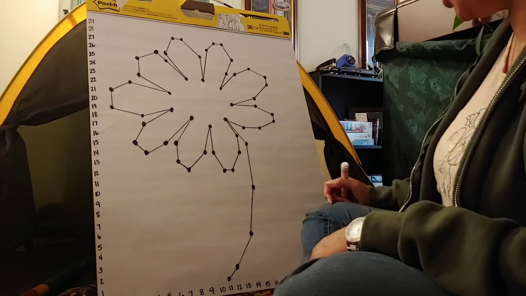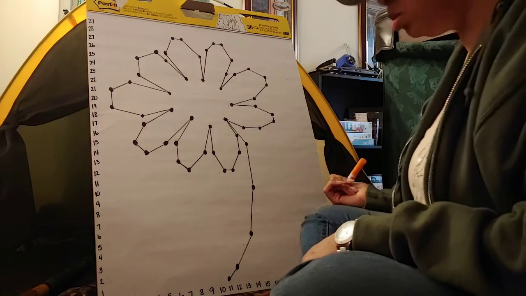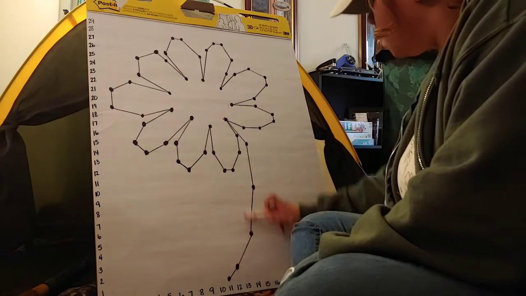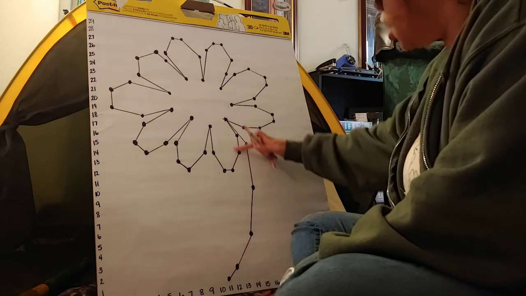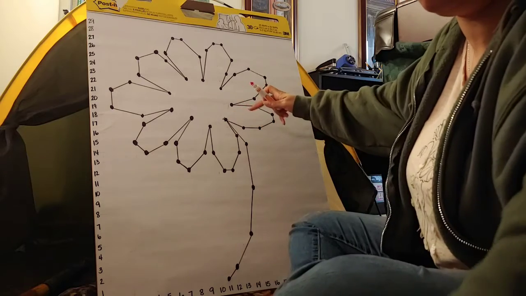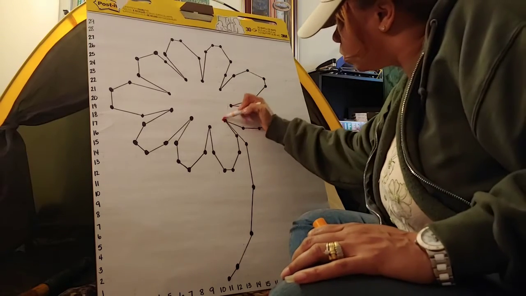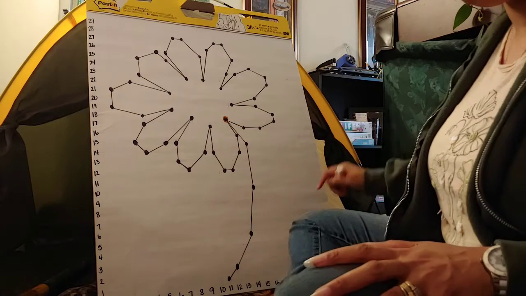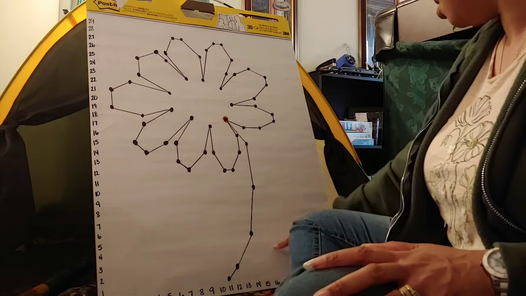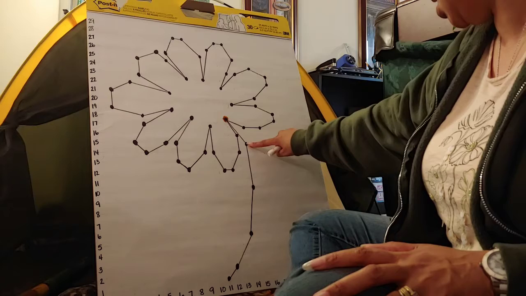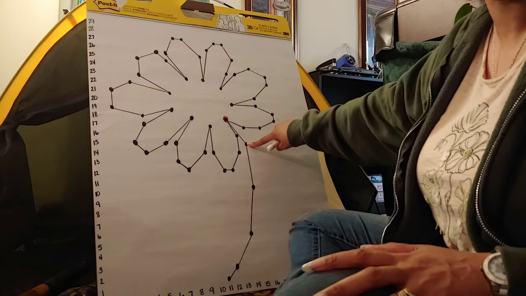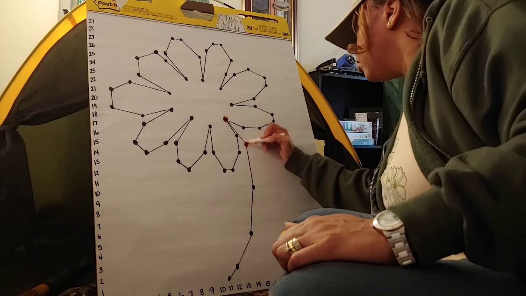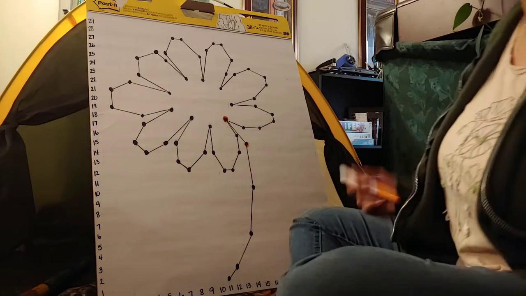So I'm going to use, I like this one, I'm going to use 13, 18, and go down to 15, 15. Okay?